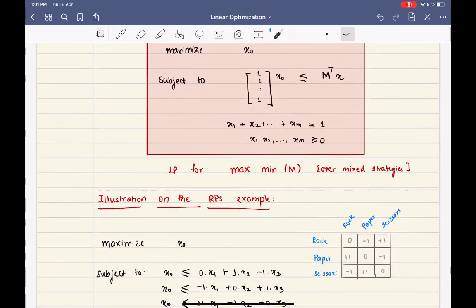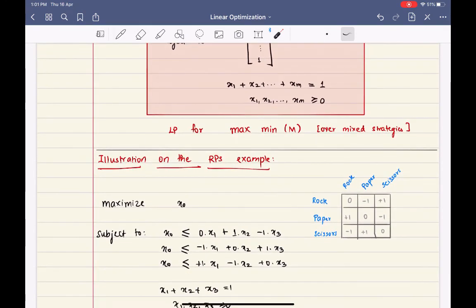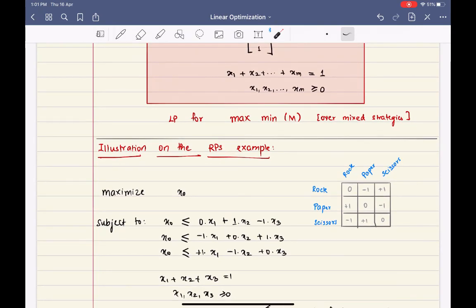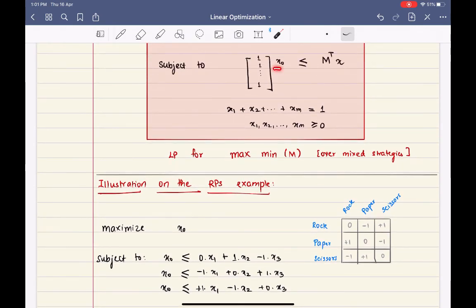Now if we want to write this for the RPS example, rock paper scissors, what is this? x0 should be less than, you have to go through this column, so x1 times this plus x2 times this plus x3 times this. x0 also should be less than the corresponding thing from here, and x0 should be less than the corresponding thing from here: x1 times 1 minus x2 times 1 and 0 here.